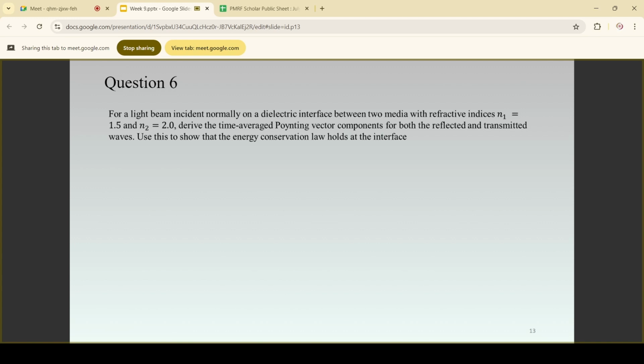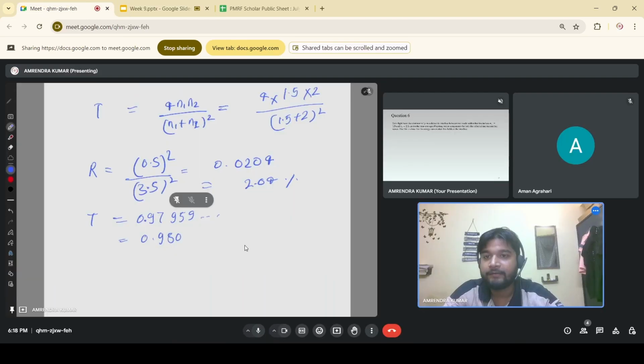So it's around 0.97959, and taking three decimal places it will be about 0.980, so around 98% as a percentage value.